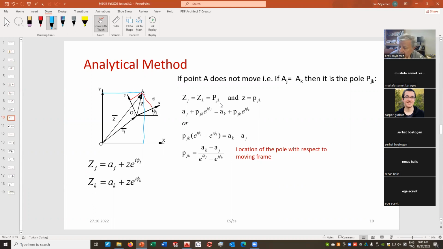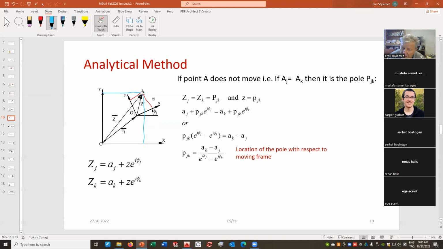Now what we do is, if that is the case, we equate Zj and Zk. We obtain Aj plus Pjk e to the I phi j is equal to Ak plus Pjk e to the I phi k. Solve for Pjk.